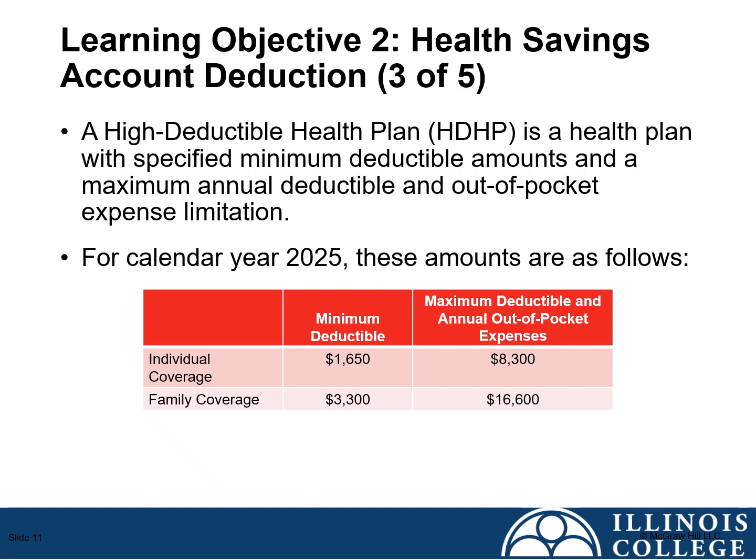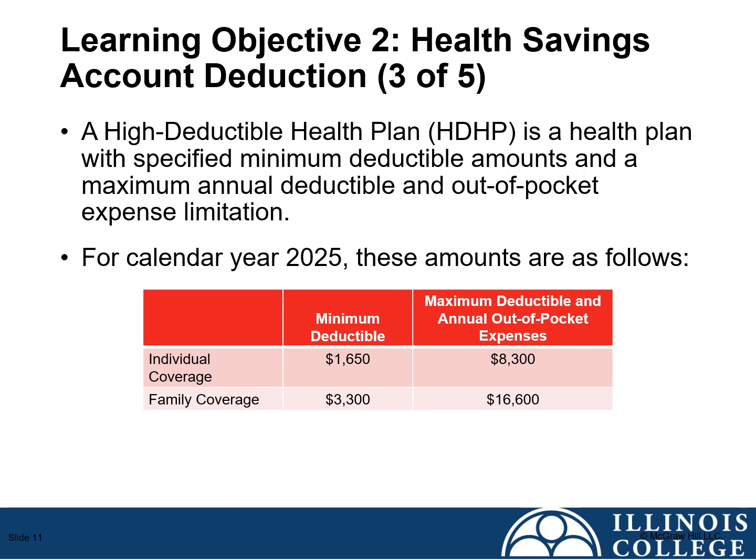For example, for 2025, a plan generally qualifies as an HDHP if the annual deductible is $1,650 for individuals or $3,300 for family coverage.